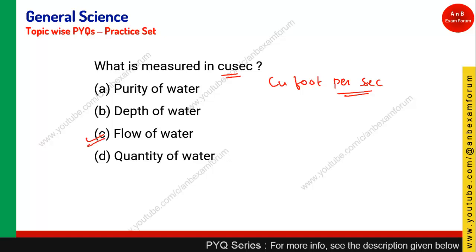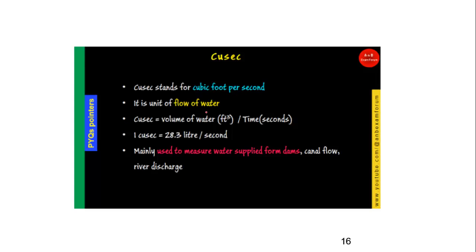A few other pointers: cusec stands for cubic foot per second, the volume of water in feet cube per second, and 1 cusec is 28.3 liter per second. As I told you, it is used to measure the water supplied from the dam, canal flow and river discharge.